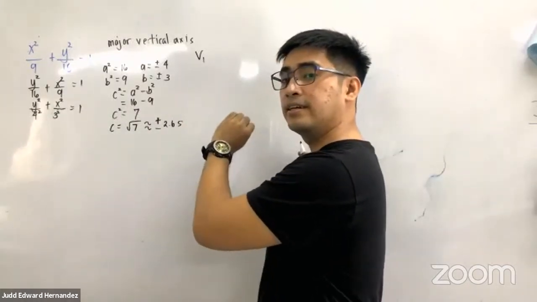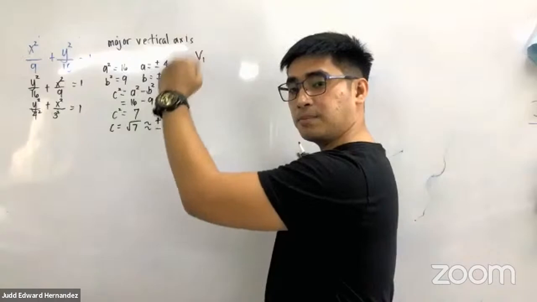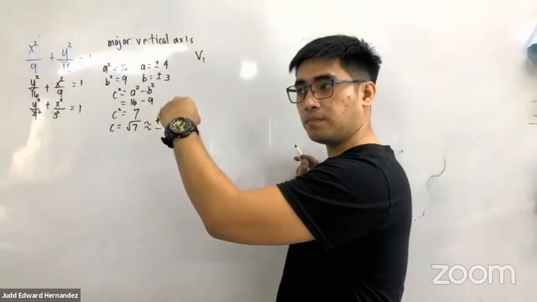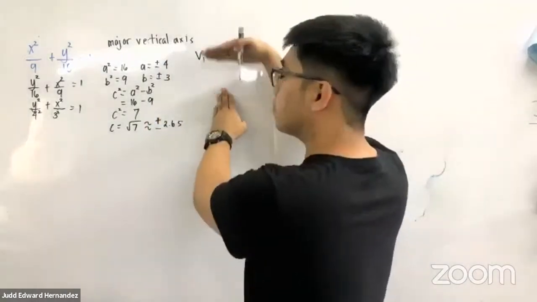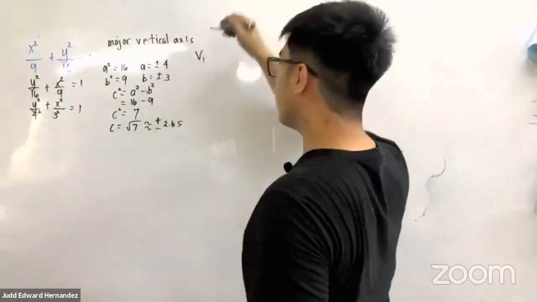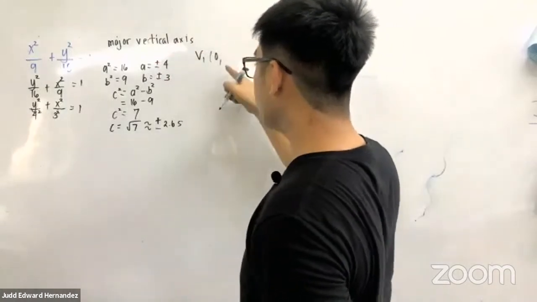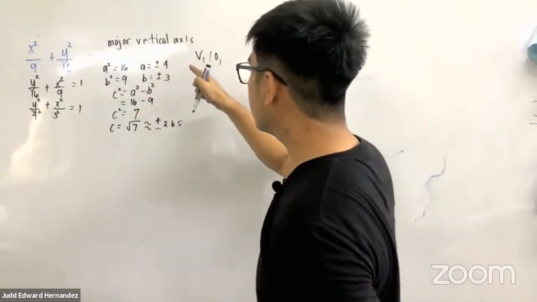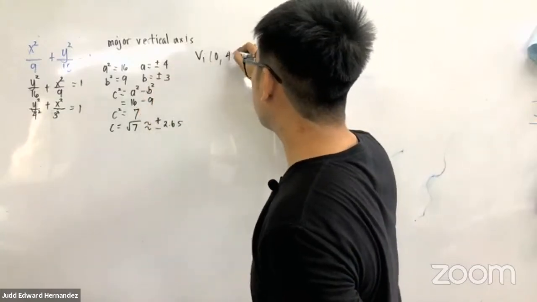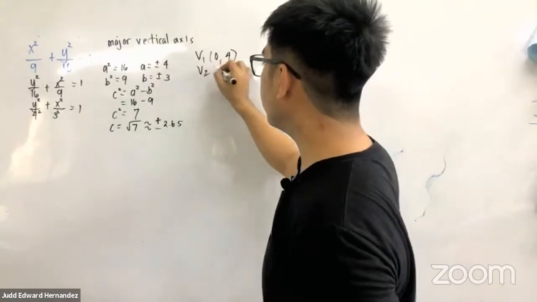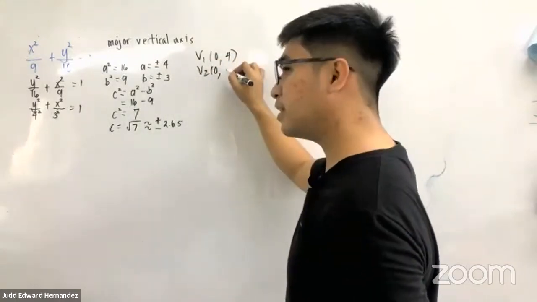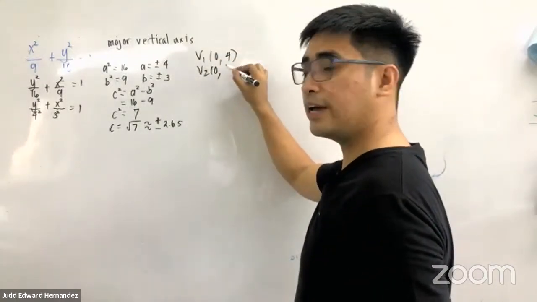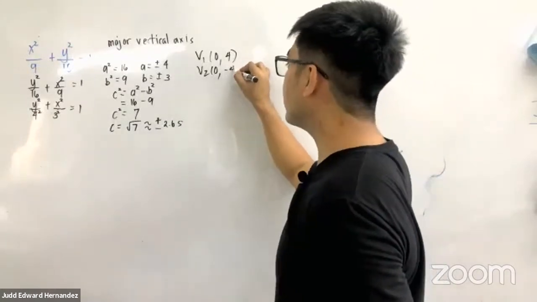Taas baba po. Okay, taas baba. Umakyat muna tayo pag V1 ha. Therefore, this becomes 0 and that is, ano yung A natin? Our A is 4. So that is positive 4. Our V2 is 0 and, saan yung V2? 0 and negative 4.